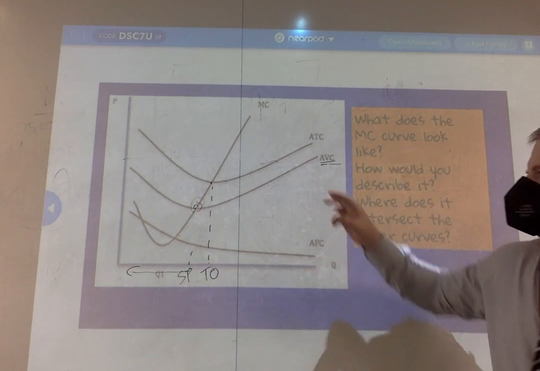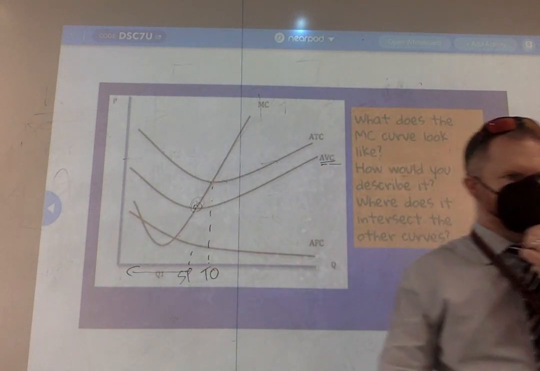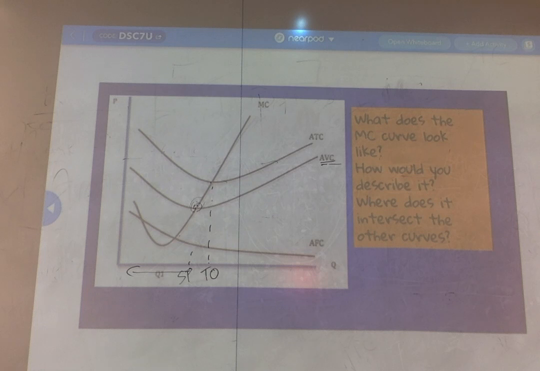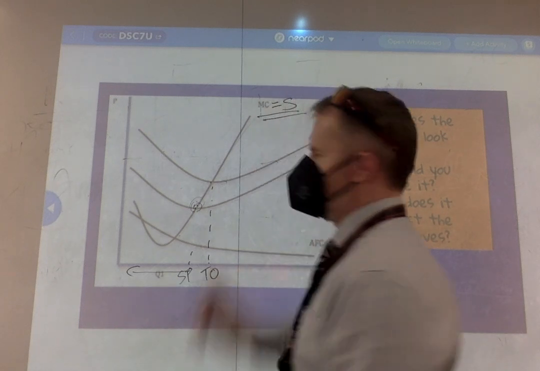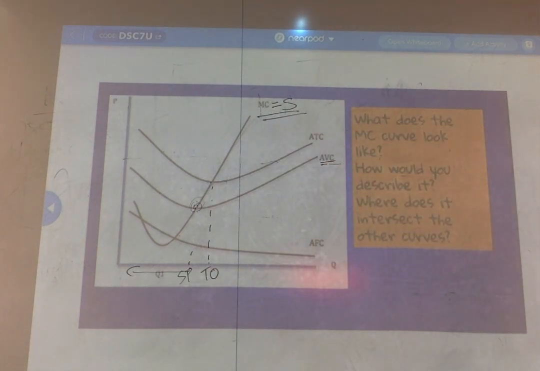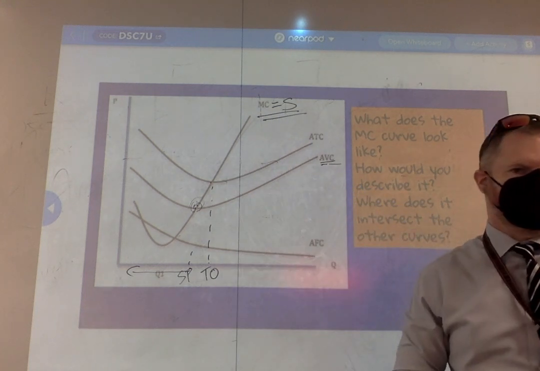What does that tell you about the nature of this curve in and of itself? What is another name you could give this curve? Yes, absolutely right. Well done. That is going to be your supply curve.